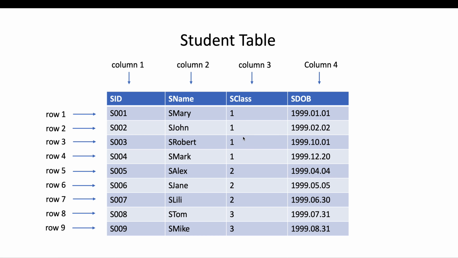The class number, like class 1, will relate to the teacher's table, and the student's date of birth. The date of birth may be repetitive because we can have 2 students born on the same day, so that is not unique. But the student ID is unique, so you cannot have a duplicate student ID.